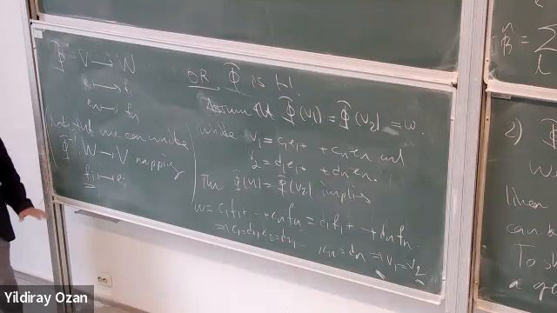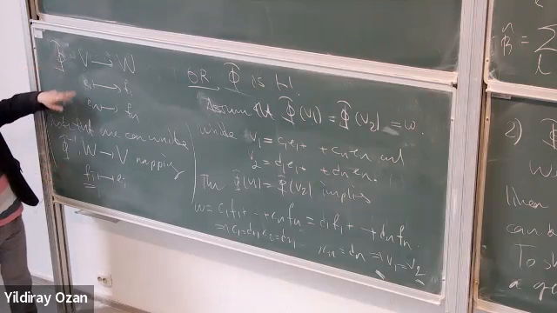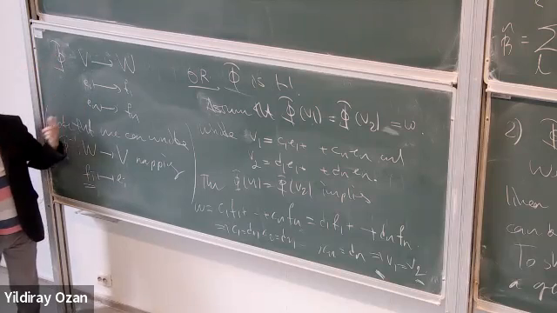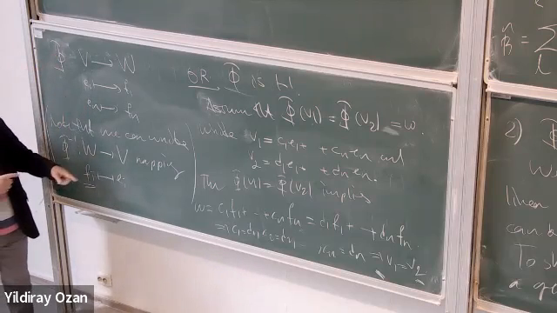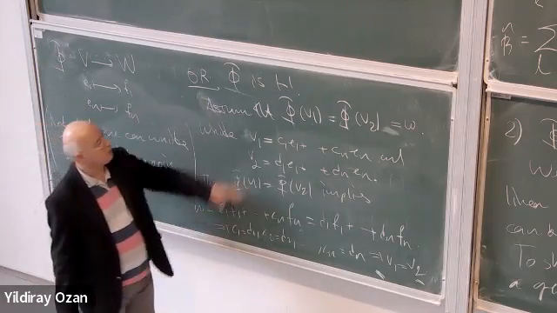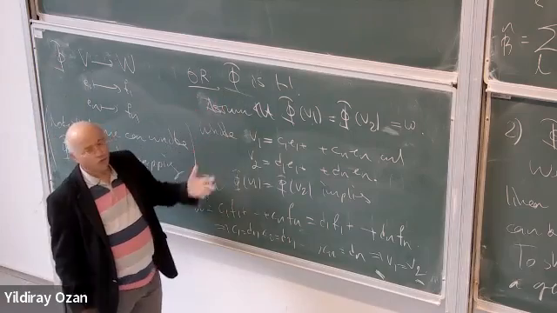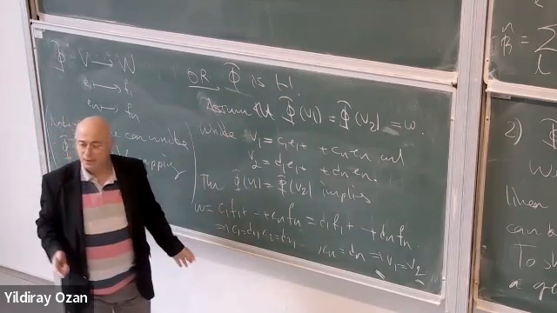So this defines a linear map. Clearly, these are inverses of each other because they just map ei's and fi's to each other. Or you can just show that this is a one-to-one map, and we know that a one-to-one and onto map is an isomorphism.